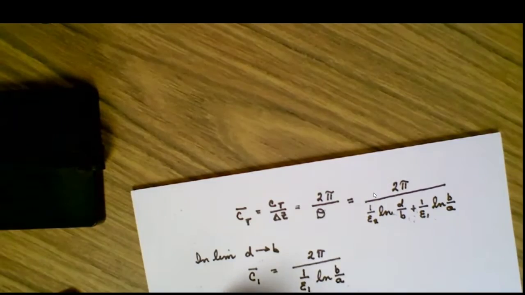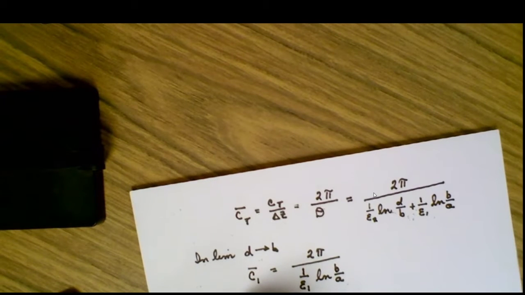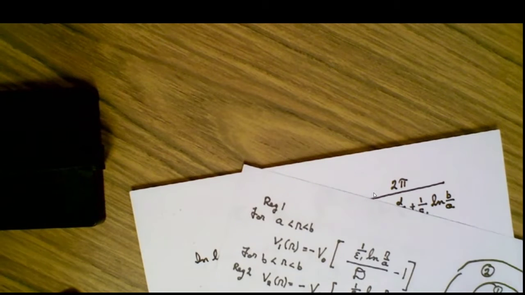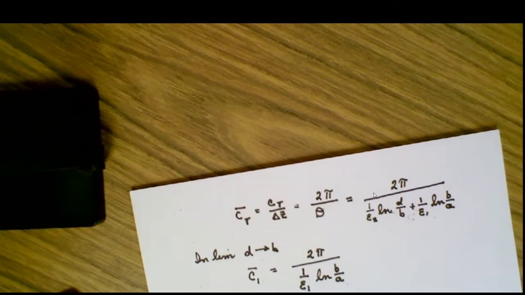Now let's take the limit when b, or I should say a, approaches b. So when a approaches b, we lose the region number 1 altogether.